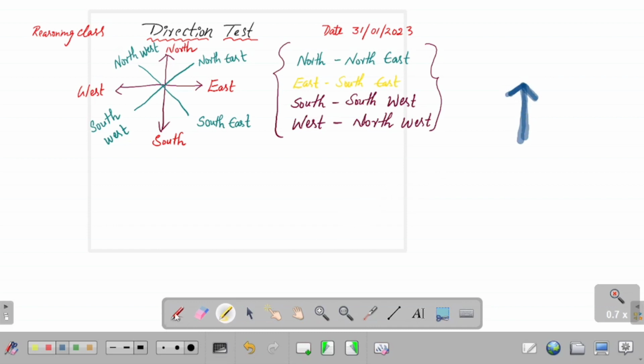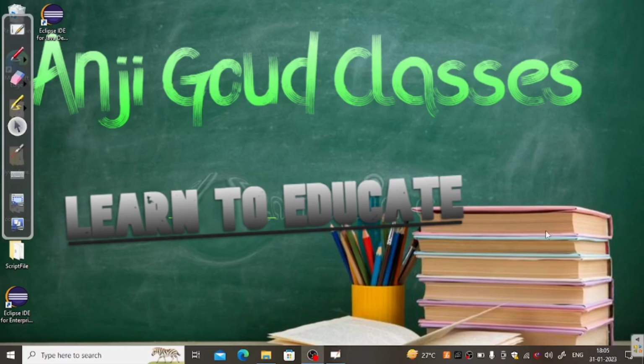Now what is east and what is west with respect to this direction? I am facing towards the north. So this is my right side, and this is my left side.